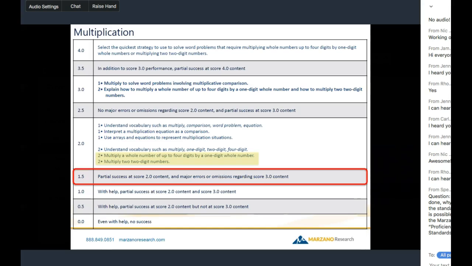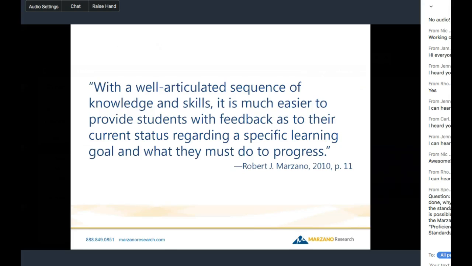So that's the power of a proficiency scale, is it enables a student and a teacher to communicate really clearly about where the student is at and what the student needs to do to move forward. And this is a quote from Dr. Marzano saying just that.